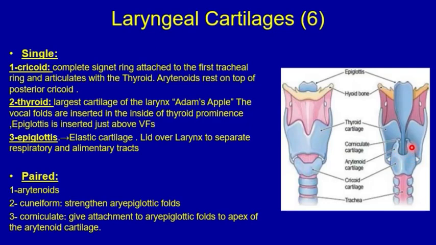On top of the arytenoid cartilages are two tiny cartilages, the corniculate, which is nearer to the apex of the arytenoid, and the cuneiform cartilage. Both these cartilages are part of the aryepiglottic fold, and they stiffen the aryepiglottic folds.